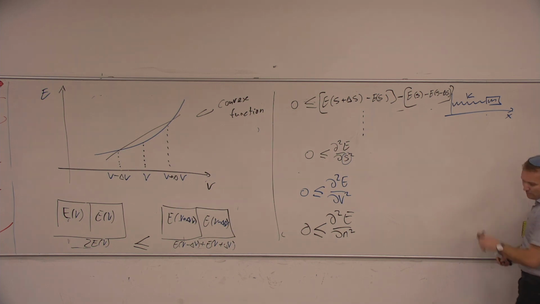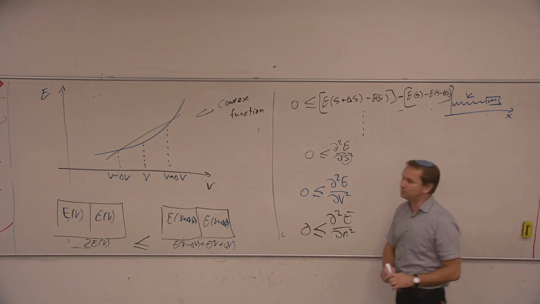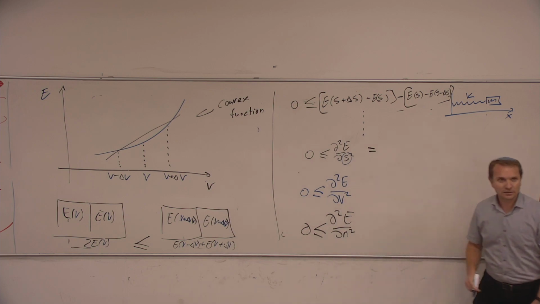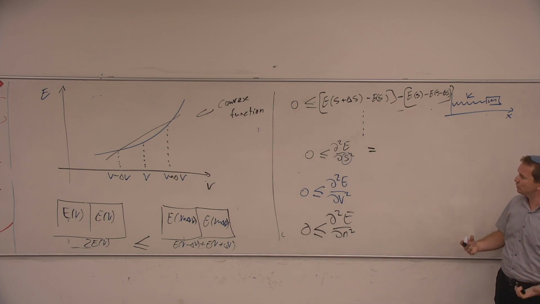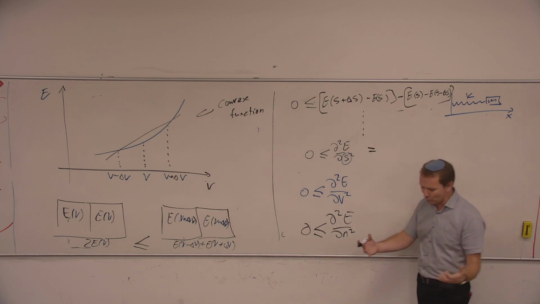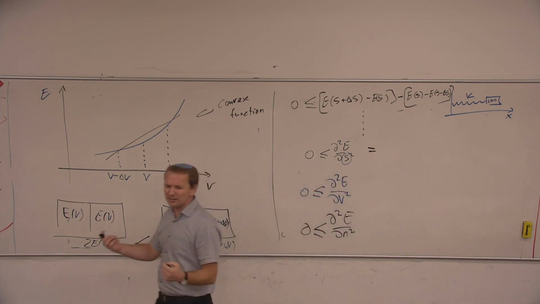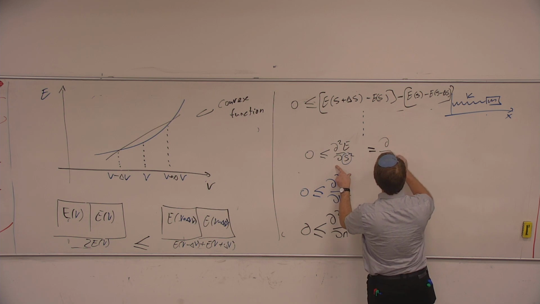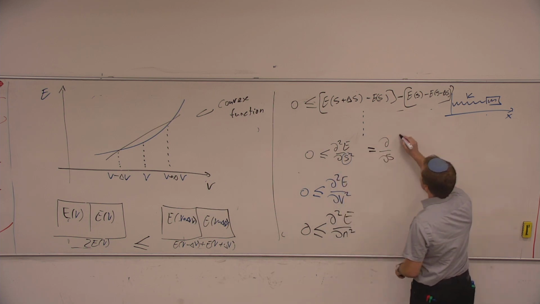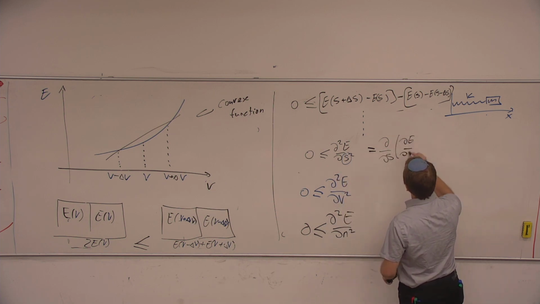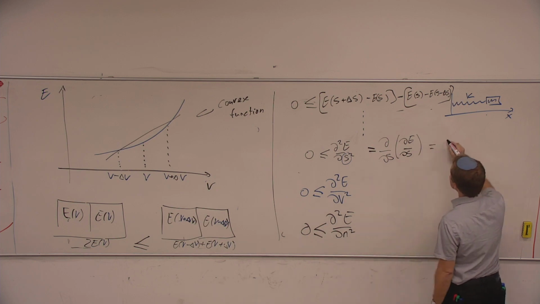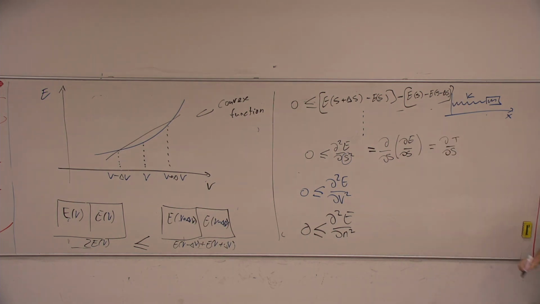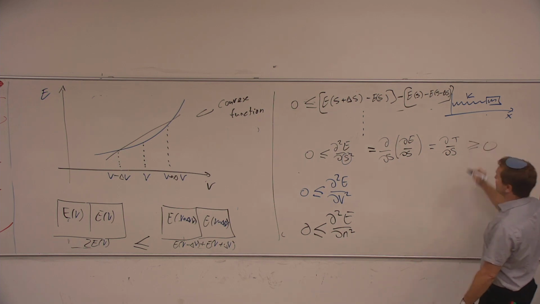But again, what do we want to show? Why do we use this? I haven't done it in order to torture you. I've done it in order to show you what real stability conditions are. So we can say that this is d/dS of dE/dS, which is dT/dS, and this is greater than 0.